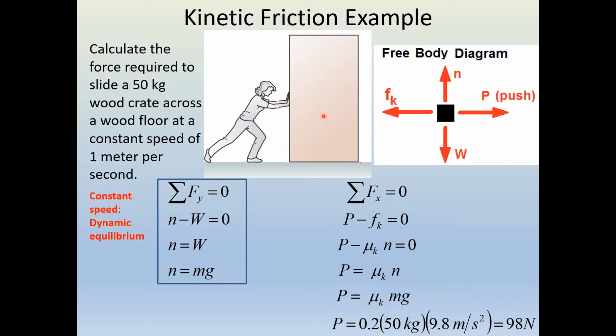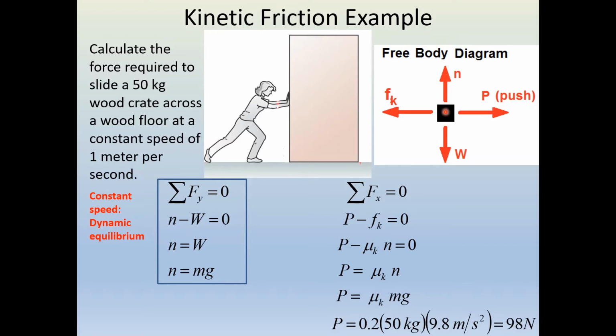So in order to make sense of what's going on here, let's go ahead and construct a free body diagram for the crate. In the vertical direction, we have the crate's weight force pointing down, as always, due to gravity. The floor pushing up on the crate is the normal force.